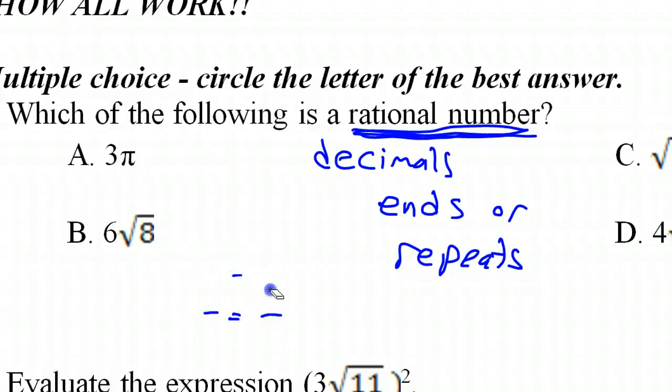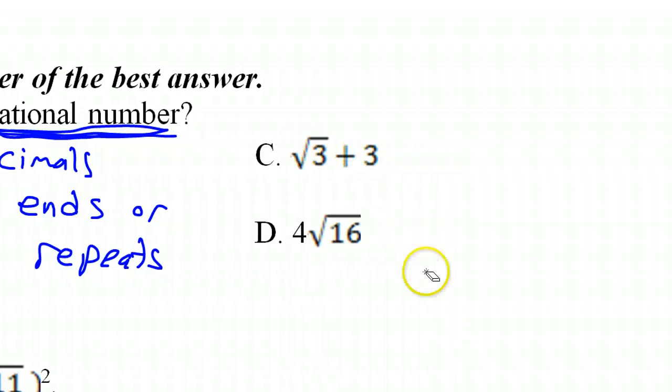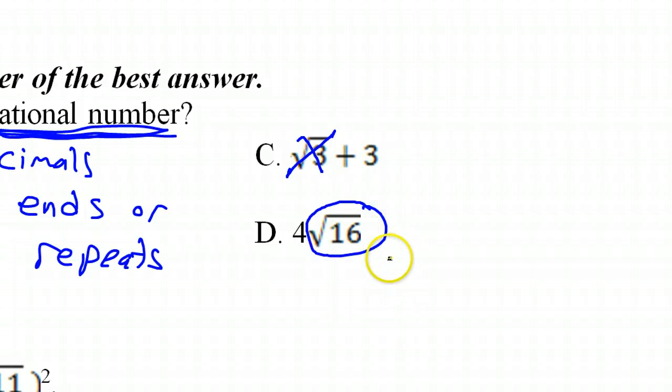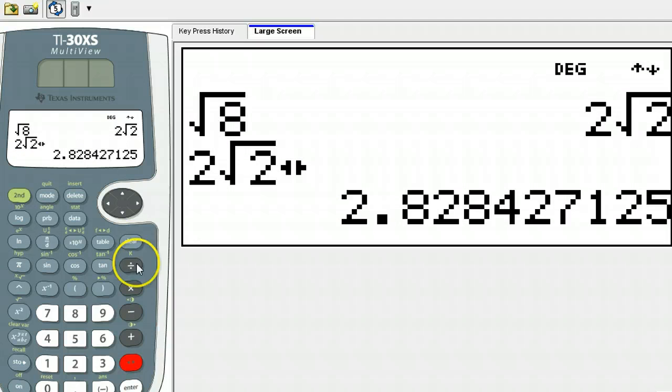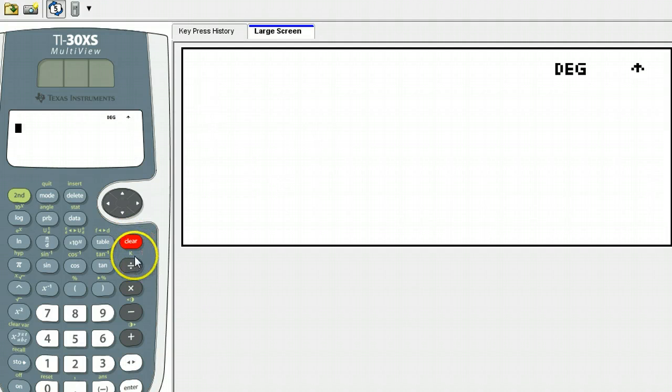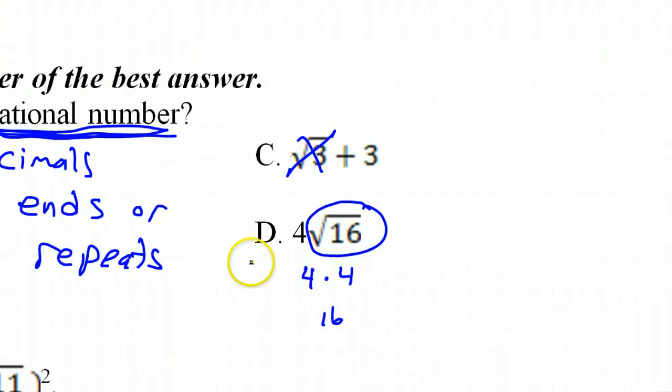What else you got? I need something that either ends or repeats. Well, it can't be C either for the same reason. Square root of 3, that's not a perfect square. But D is okay because the square root of 16 is 4. So this is really just 4 times 4, which is just 16. By the way, I want you to get comfortable with using your calculator to check what's going on.